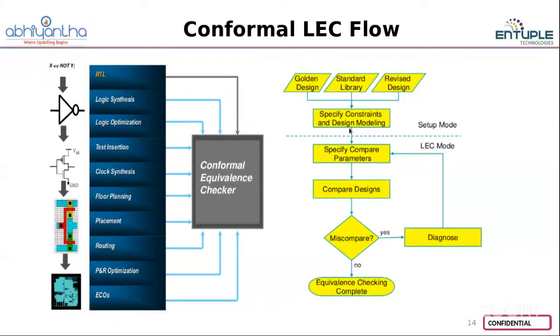The constraint file is a very important file while doing the synthesis process. After adding the constraints and libraries, we compare the golden design and the revised design. The golden design is nothing but your RTL code. The revised design at the initial stage is based on the synthesis: either the logic synthesized netlist, the physically synthesized netlist, or the logic optimized netlist. You can give any of these as input for the revised design.